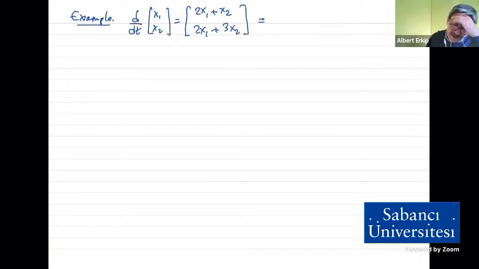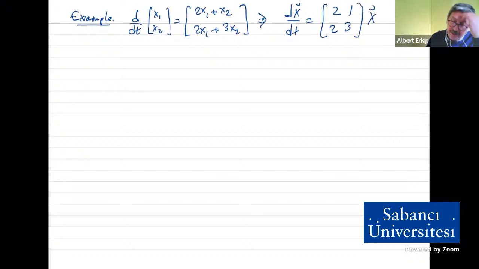I can write this as dx/dt equals the matrix 2, 1, 2, 3 times x. That's my equation, a 2x2 equation.